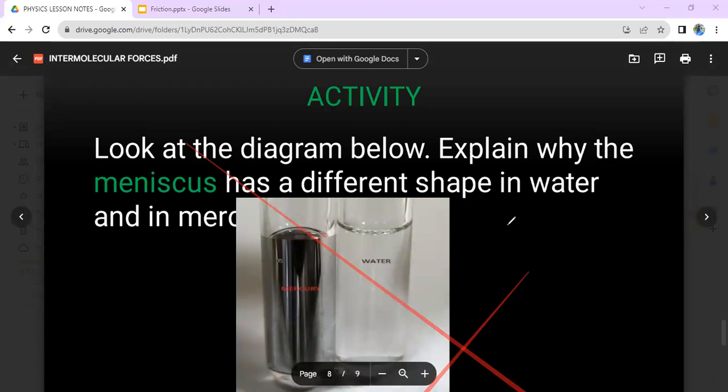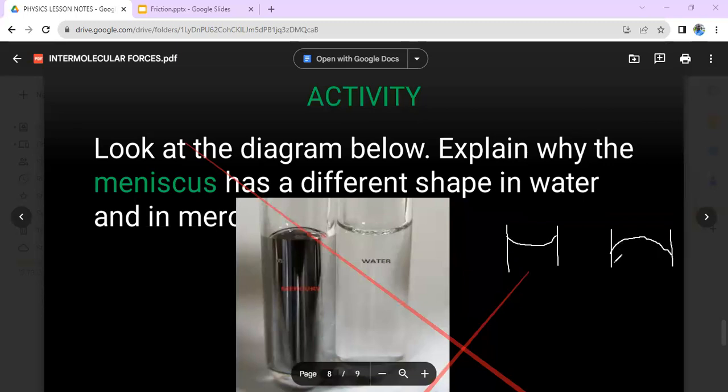They're asking us why in water, the meniscus, the boundary of where water stops, is in that shape, whereas the one where mercury stops is in this shape.